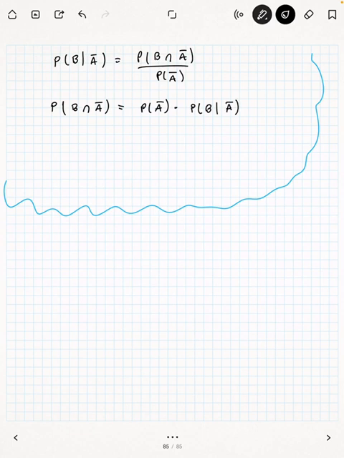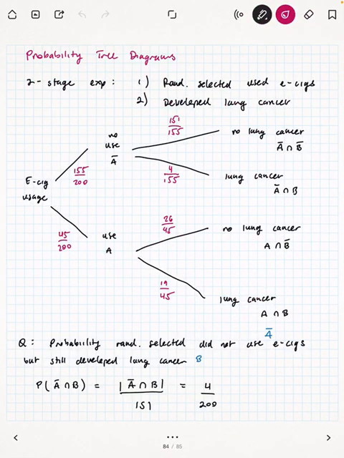Except we actually know both of these pieces here. P of A bar, I'll remind you, was already given here. That's the first probability along that branch. Probability of B given A bar is this probability.